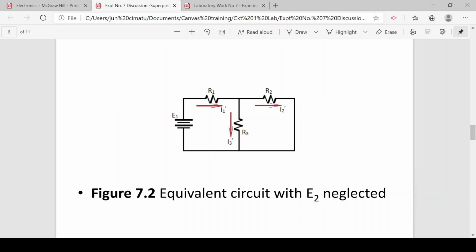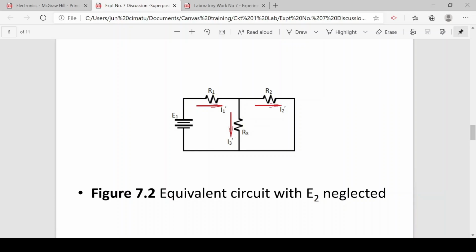That is done by deactivating the other sources, in this case deactivating the source E2. Then E1 would supply the necessary current for the circuit, and these are the component currents due to E1. Let's say this current I sub 1 prime is the current for branch R1, I sub 2 prime is the current for branch R2, and I sub 3 prime is the current for branch R3.